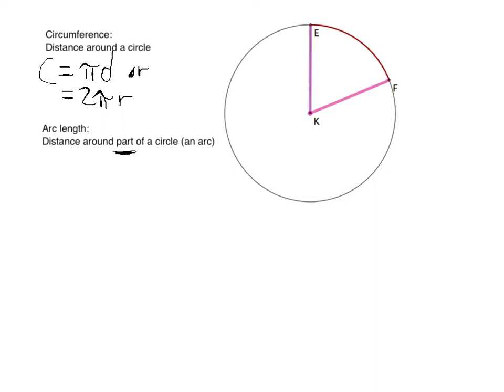So to find the length of an arc, we just use fractions. And there's two different ways to look at this, and we're going to look at both. So we have two formulas. One where you set up two fractions and set them equal to each other. We call it a proportion.